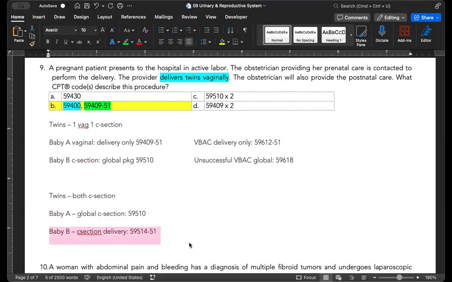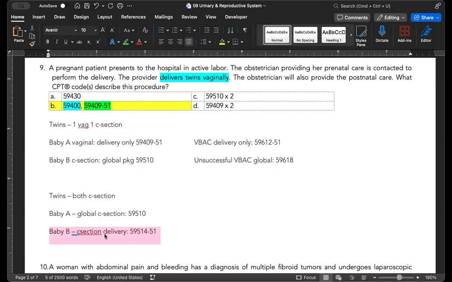She's not getting twice the anesthesia. She's not under for a super long time. It's not like extending the time a whole lot. Might extend it a couple minutes, but the expertise, again, they're not doing additional incisions. They're not doing additional closures, because the closure would happen whether baby B was present or not.